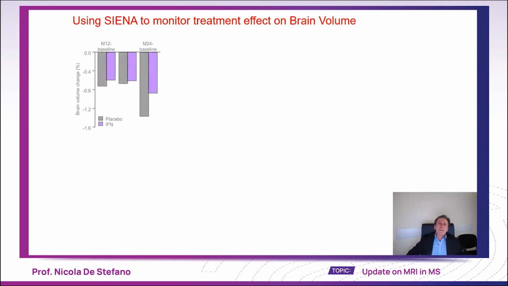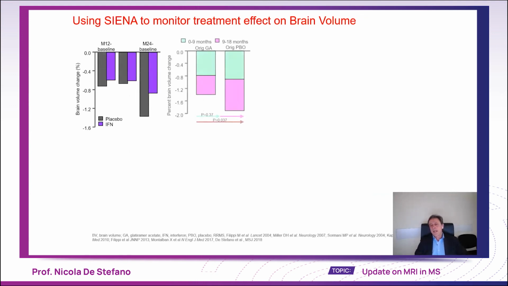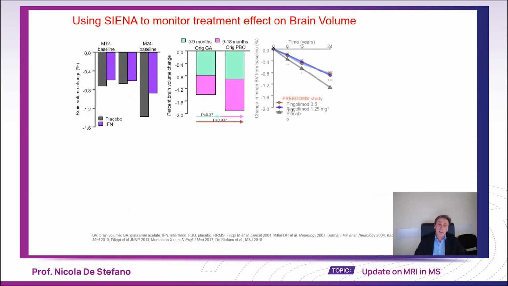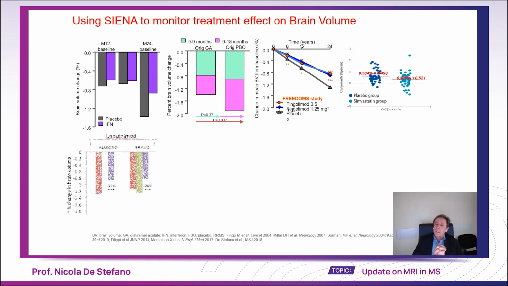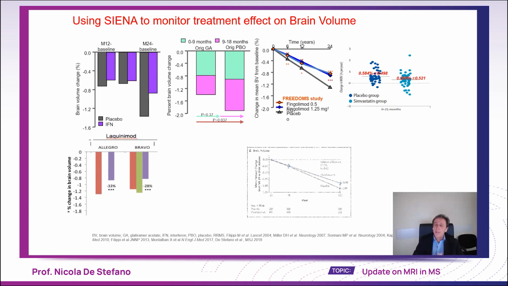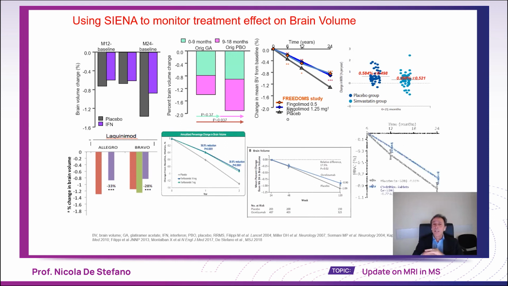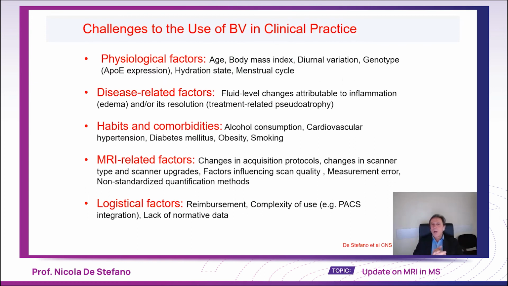Of course, atrophy has been used in clinical trials on many occasions, and is actually becoming one of the most important endpoints, sometimes even the primary endpoint in some progressive trials. It is actually something quite interesting to use. There are, however, some problems in using it in clinical practice.